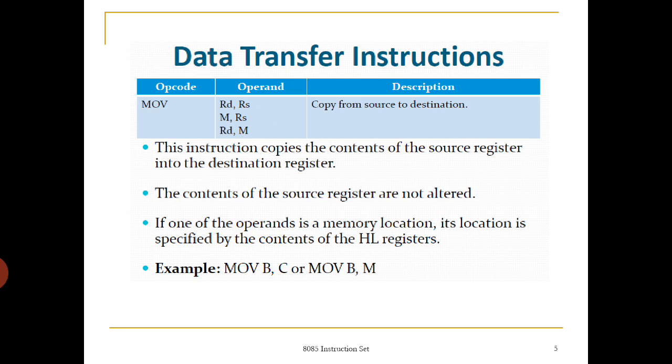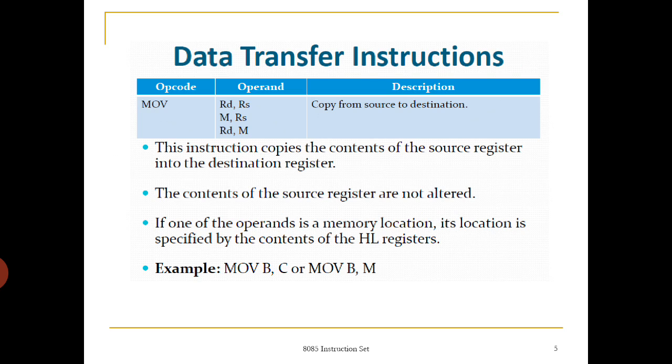See here, the opcode is MOV, the operand is Rd, it may be a register, then it may be memory, and it copies the content of the source to the destination. These instructions copy the content of the source register into the destination.